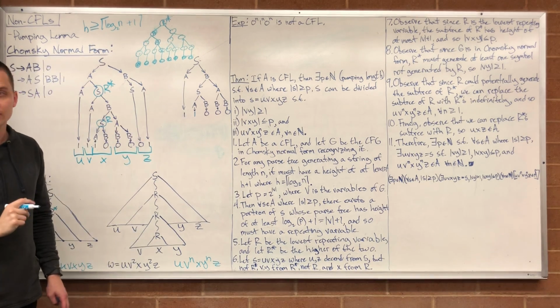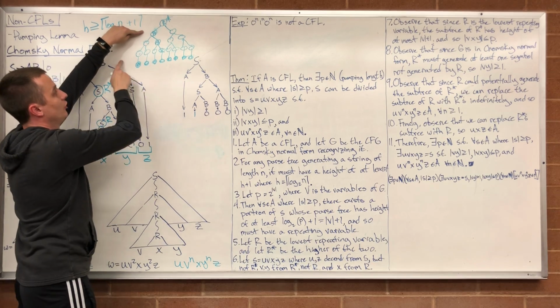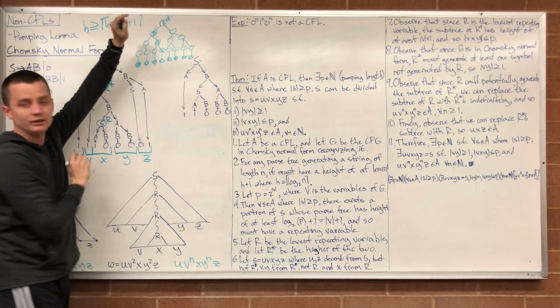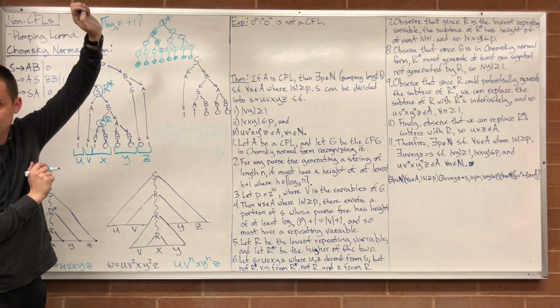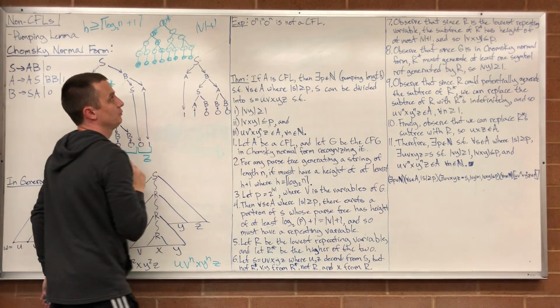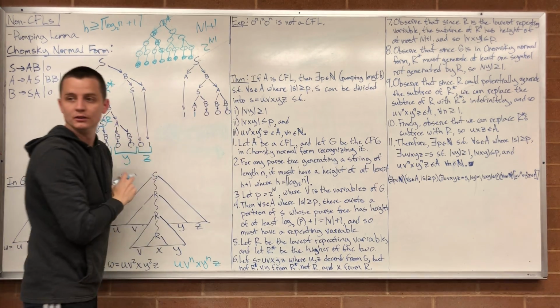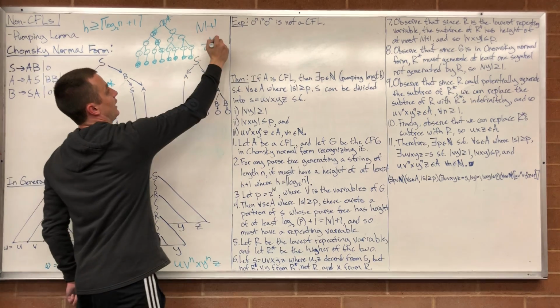Right? Since this goes through 4 steps, the longest string it could have generated is 2 to the 3. So if this goes through v plus 1 steps, the longest string it could have generated is 2 to the size of v. Which is exactly what our p is.